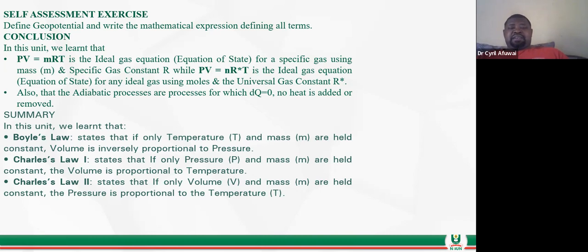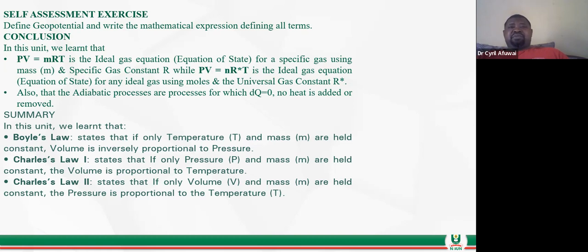Summary. In this unit, we learned that Boyle's law states that if only temperature T and mass m are held constant, volume is inversely proportional to pressure.